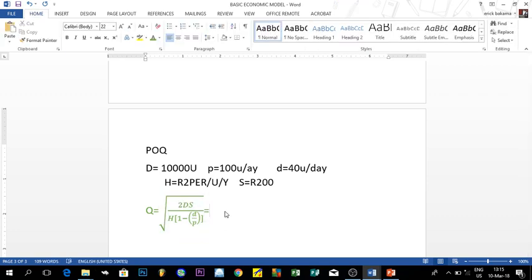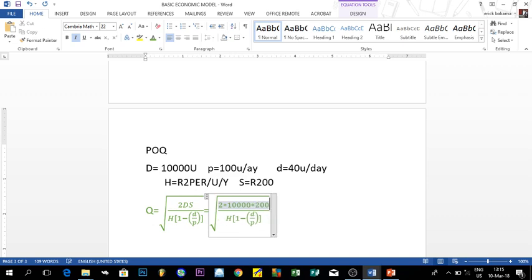If we replace everything by its value, we have a D that is 10,000 units, an S that has a value of 200 rand, an H that has a value of 2, and then 1 minus a d that has a value of 40, and a P that has a value of 100 units.